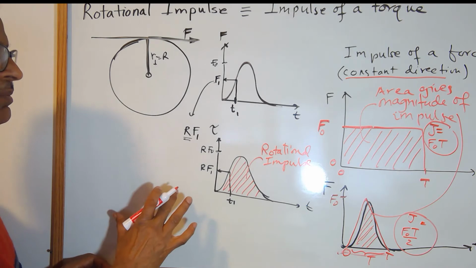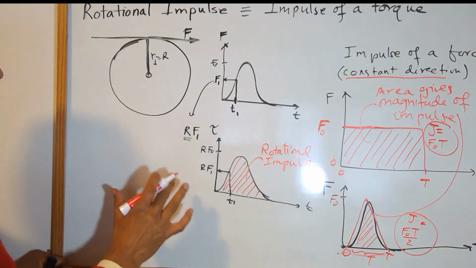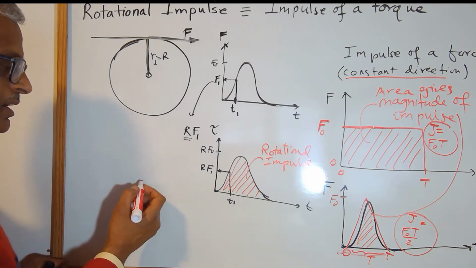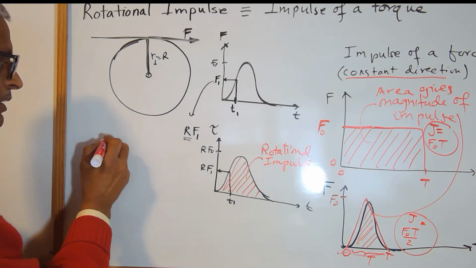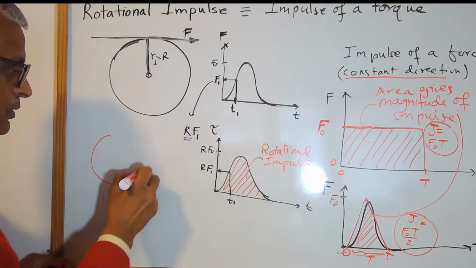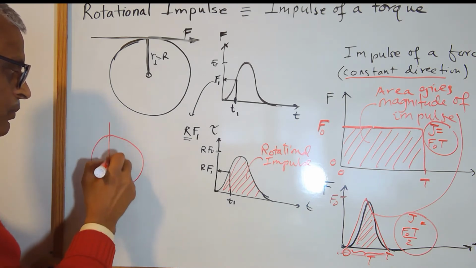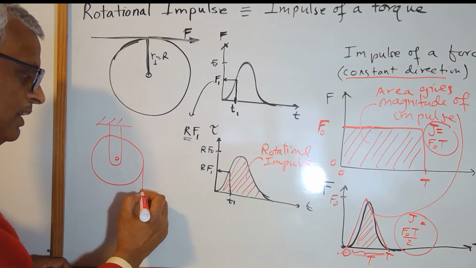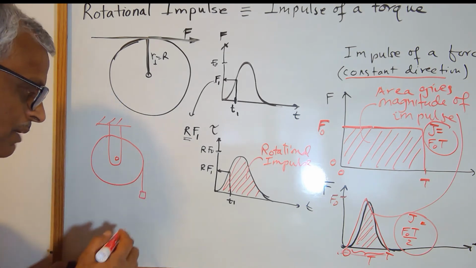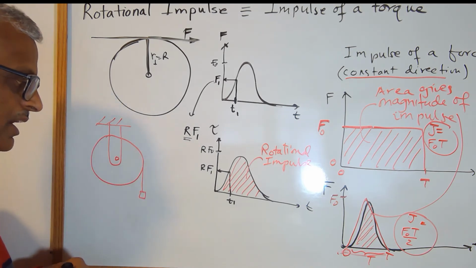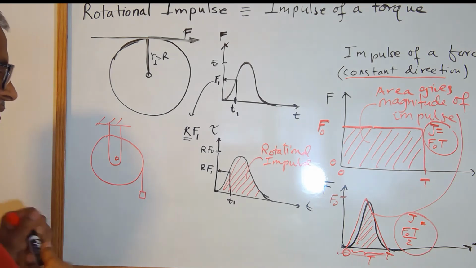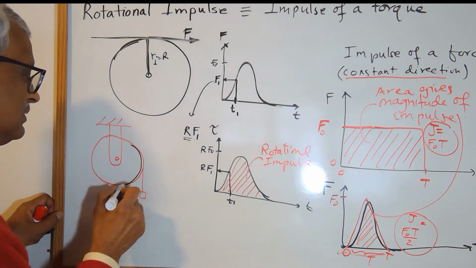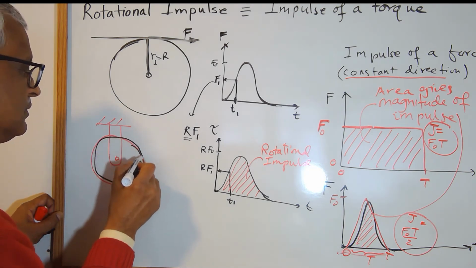Of course, you can have other types of forces. Maybe you hung a wheel and you have a block that goes around it, but then you only have maybe this much thread.